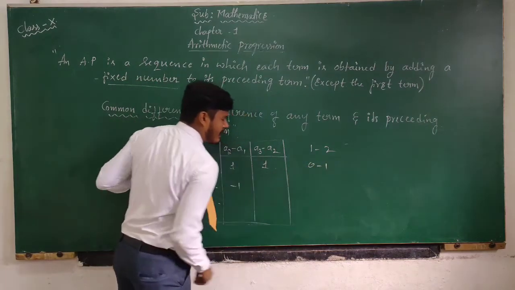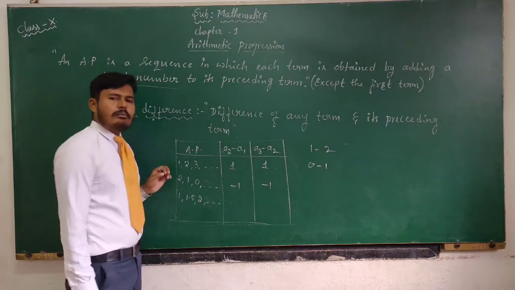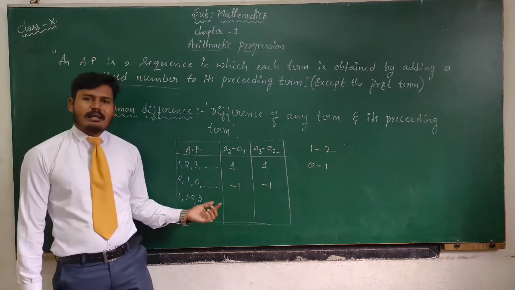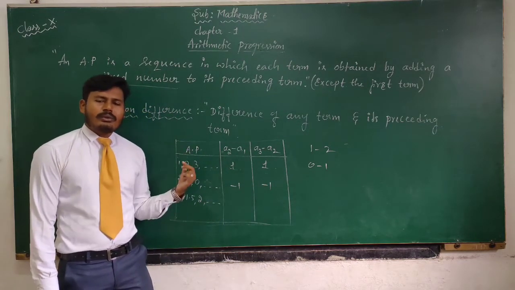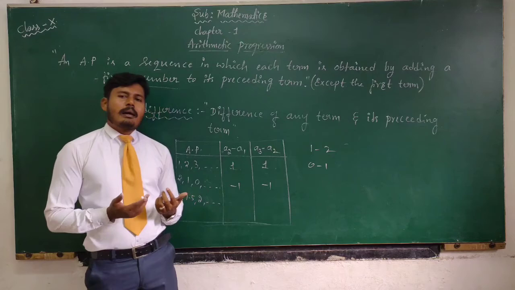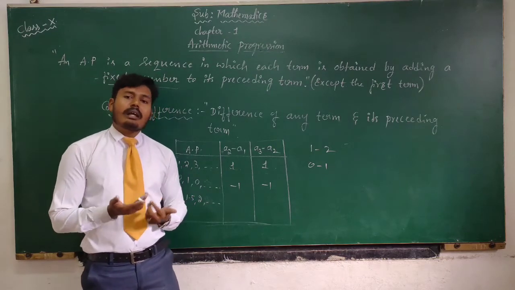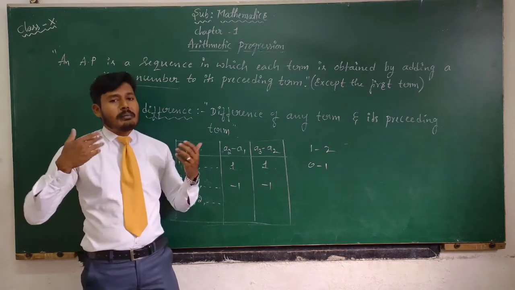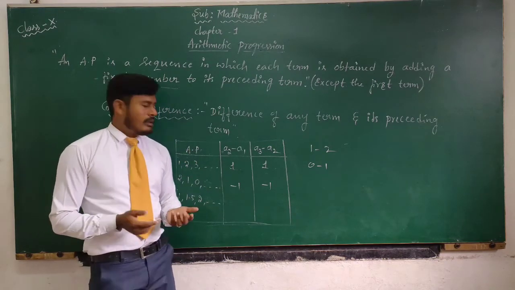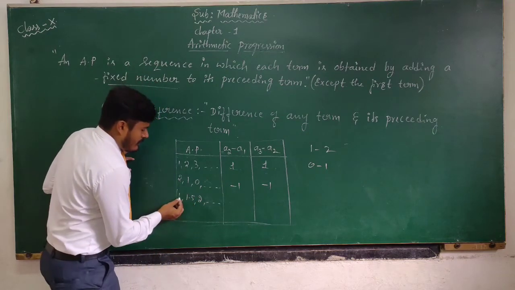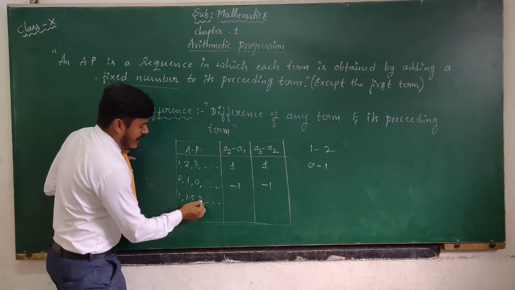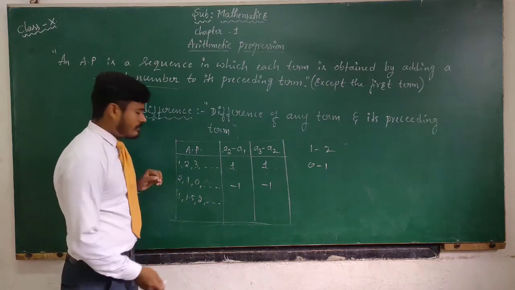What is 0 minus 1? This is also equal to minus 1. So here the common difference is the same. I already told you the common difference may be a positive number, a negative number, or 0 also. Next one, 1, 1.5 and 2 and so on.